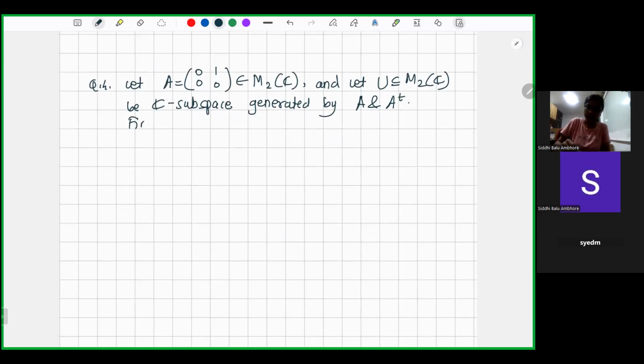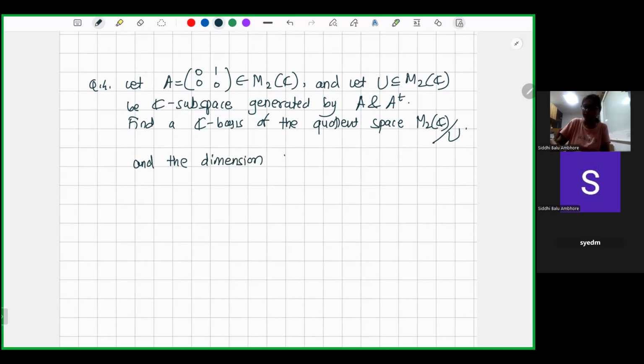We are asked to find a C basis of the quotient space M2(C) quotiented by U, and its dimension. We will do the same thing as we have been doing so far.